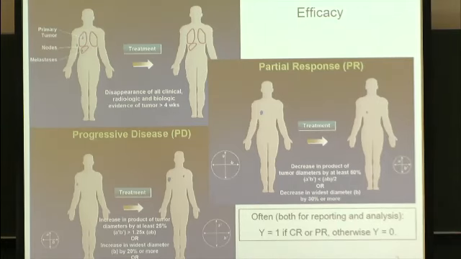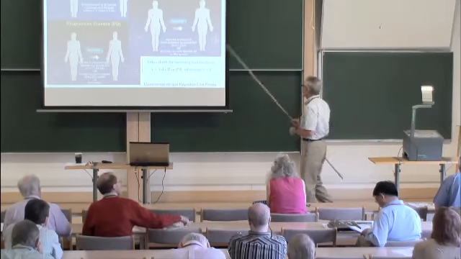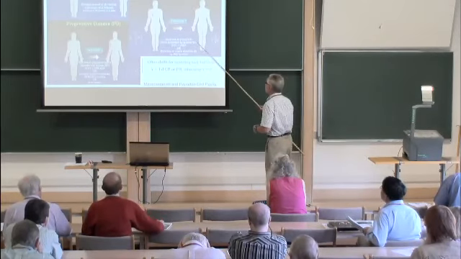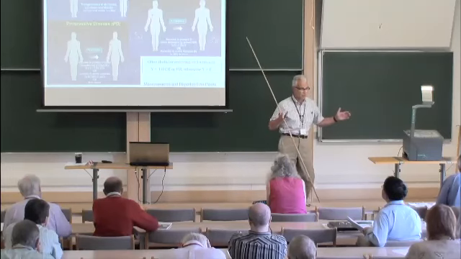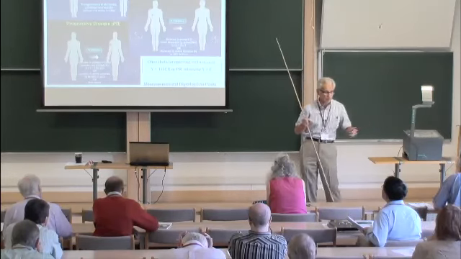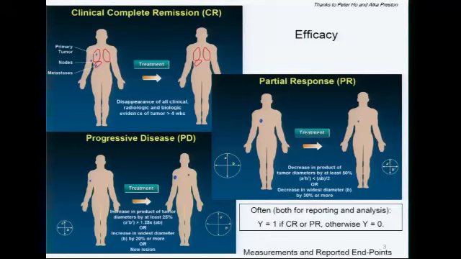It's called CR, complete remission. Then there is partial response, and there are some metrics which always perplexed me, because they work either with the area or with the decrease of the widest diameter. I was always perplexed by this picture because it's a circle, and I thought that a circle has one diameter.